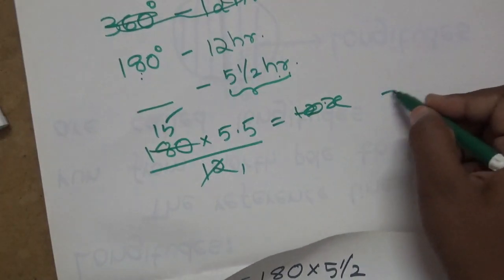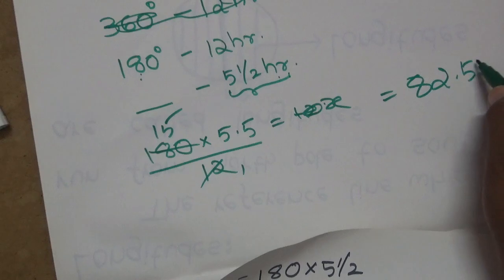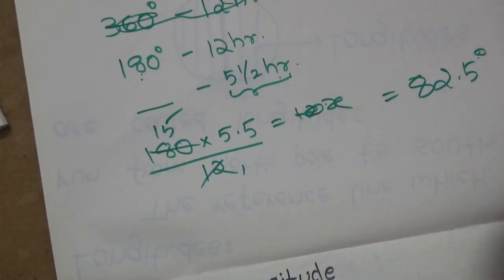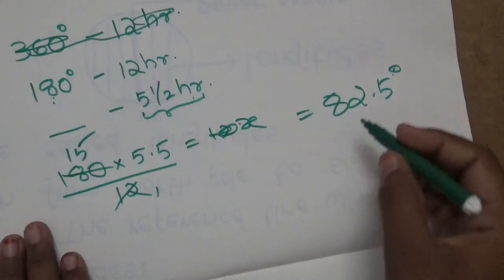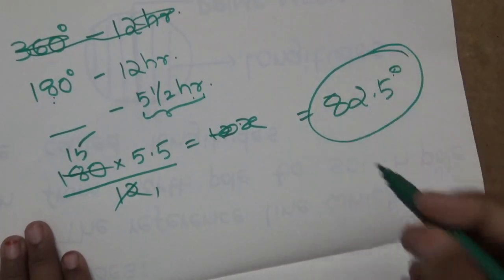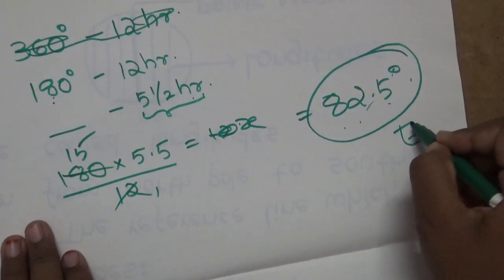So when we calculate 15 into 5.5, it will be 82.5 degrees. Is that clear? So our Indian standard time is 82.5 degrees east longitude.